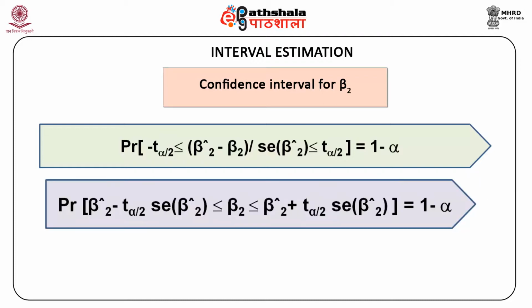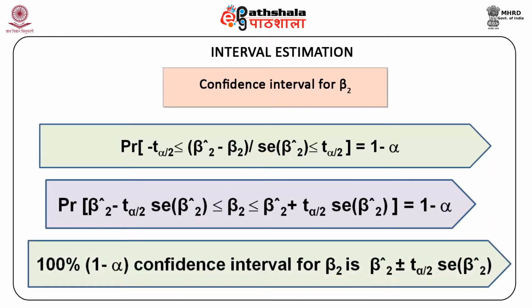That is, Pr[beta hat 2 minus T alpha divided by 2 SE beta hat 2 is less than beta 2, which is less than beta hat 2 plus T alpha divided by 2 SE beta hat 2] is equal to 1 minus alpha.